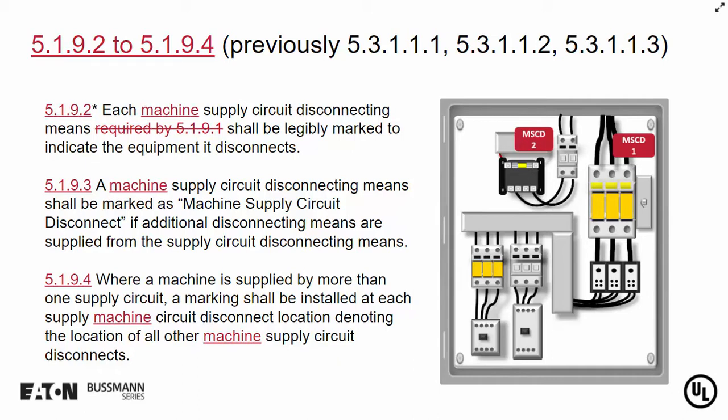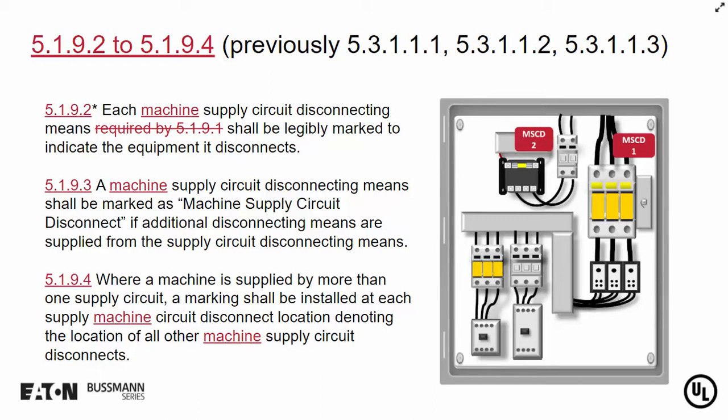That's no longer necessary. We felt that just added unnecessary confusion to trying to understand the requirements. So what do we have here in this particular slide? We see in 5.1.9.2, each machine supply circuit disconnecting means shall be legibly marked to indicate the equipment it disconnects.